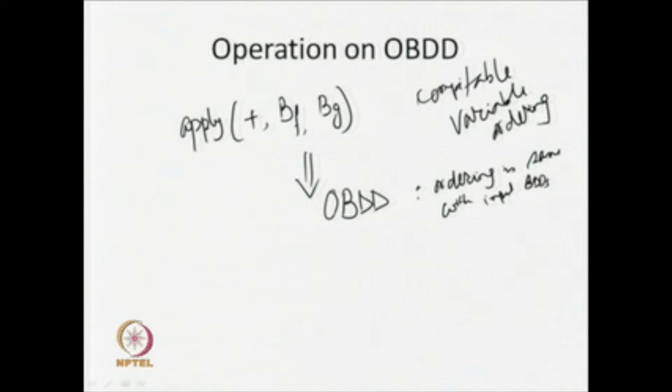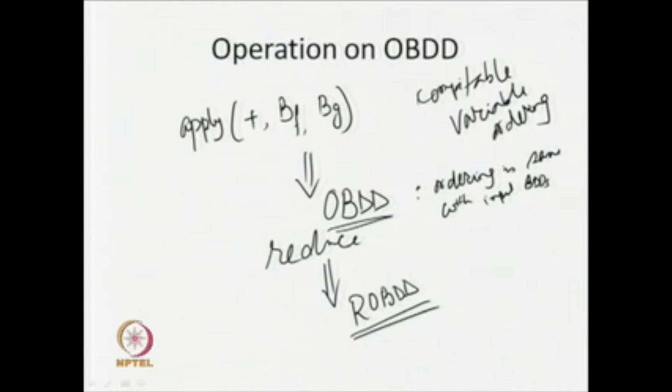But the ordered BDD that we get may not be a reduced one after performing this apply operation. So, to this resultant BDD we use the reduce algorithm. In the last class we discussed this reduce algorithm. After application of the reduce algorithm, whatever BDD we get will be the ROBDD, the reduced ordered binary decision diagram.